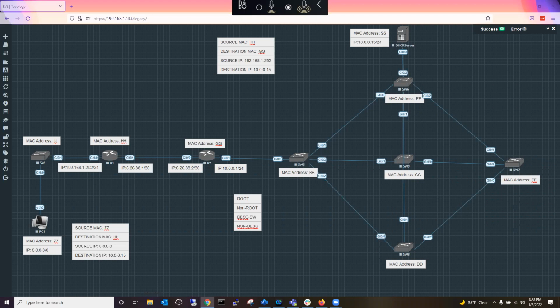Typically, if all the VLANs are the same, the system ID is going to be the same. So the lowest bridge ID is going to be determined by the MAC address. Whoever has the lowest MAC address, assuming we all have the same VLAN number for all the switches, it's going to be that, okay?